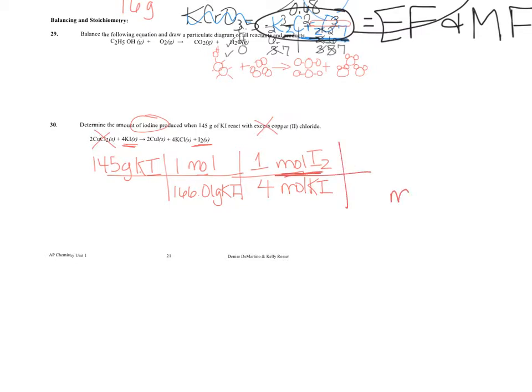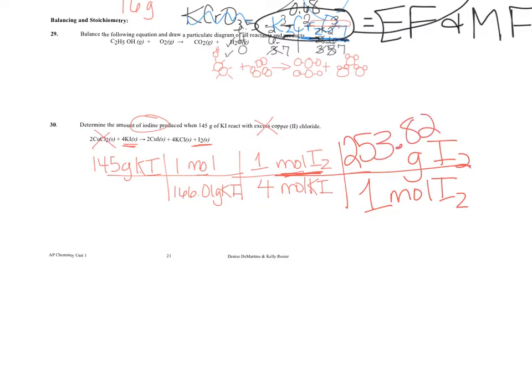So I'm going to say moles of iodine, and we want to get to grams. Okay, I know 1 mole of the diatomic is 253.82 grams. Using this, we're going to multiply everybody at the top. So 145 times 1 times 1 times 253.82.